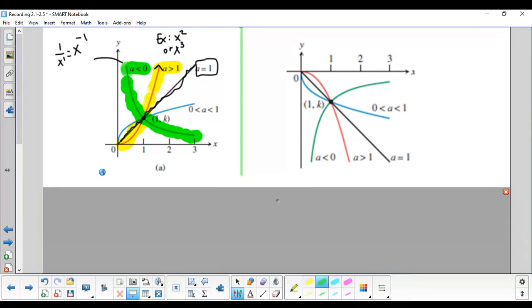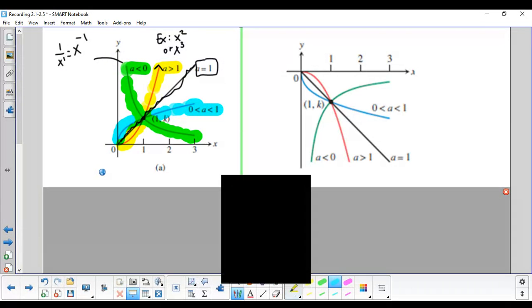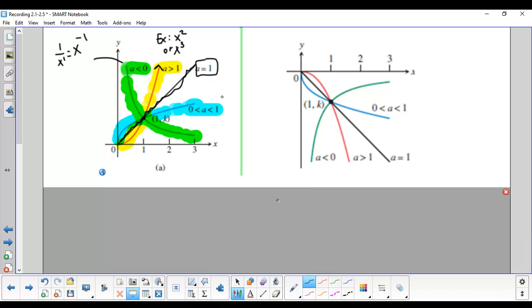The fourth and final shape our graph can take is this kind of slow hill or slow climb graph. And that occurs when our exponent is between 0 and 1. Common equations for this would be the square root of x, which when rewritten as a power function is x to the 1/2, or maybe the cubed root of x, which again written as a power function would be x to the 1 over 3.